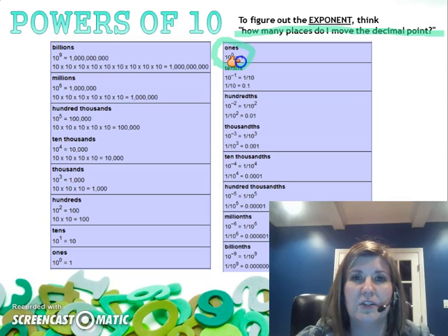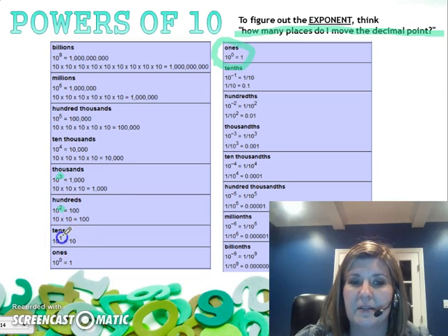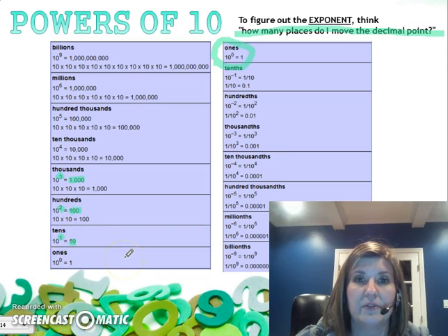However, when we increase that exponent by 1, 10 to the 1 is equal to 10. 10 to the 2 is equal to 100, 10 to the 3 is equal to 1,000. So you can see how the way this works in the powers of 10 is that the exponent is equal to the number of zeros following the 1. So it tells you basically how big that number is.